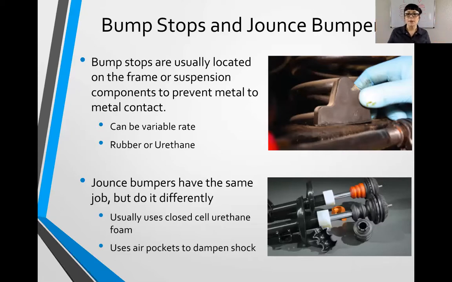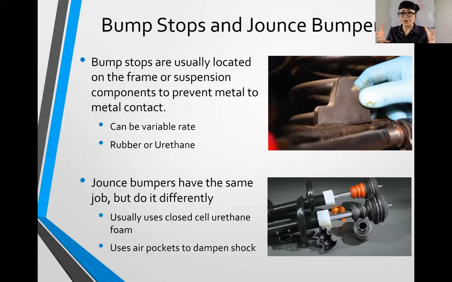Their job is to essentially prevent metal-to-metal contact with the frame and suspension components, or suspension on suspension components. That way you don't have damage to components, and you're also not going to get this really gnarly clunk inside the vehicle. You don't want to beat your frame or control arms or whatever it is, depending on the design, that you don't want to make contact.